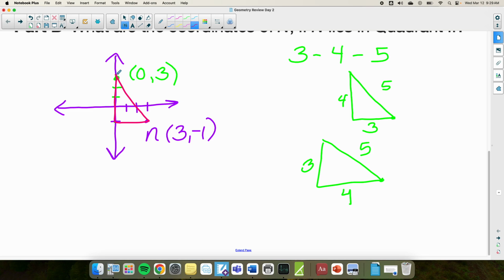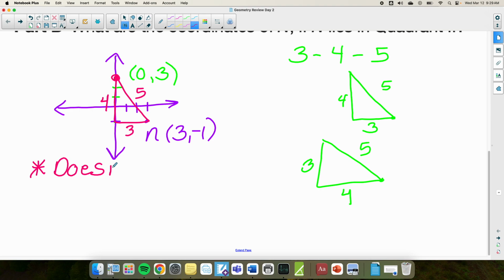I went over 3, up 4, and that gave us the distance of 5 between our point and our new point. Now here's a question. Is that new point in quadrant 2? No. Why not? Because it's on the axis, it's not in quadrant 2, so this one doesn't work.